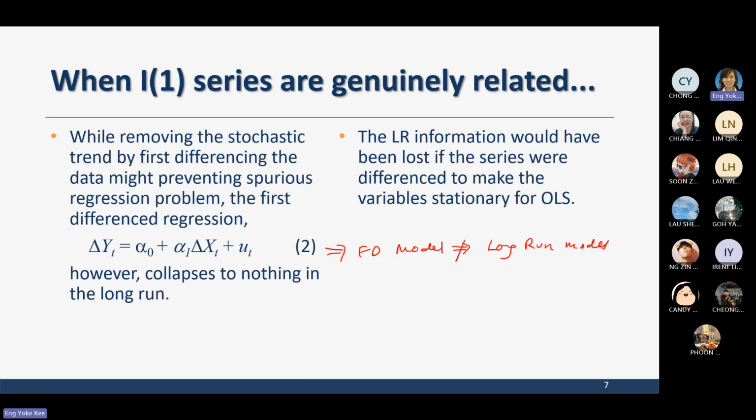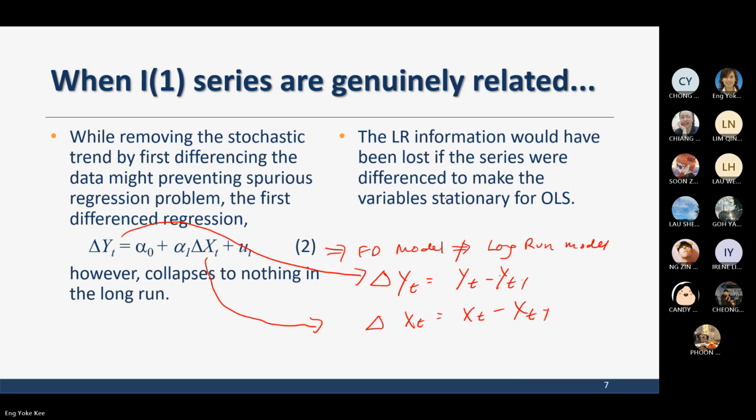And this first difference model is no longer a long run model, for a simple reason. When we look at changes in Y, what does it mean? Y minus Y lag 1. Changes in X, X minus X lag 1. Whenever you have the lag coming in, which means what?